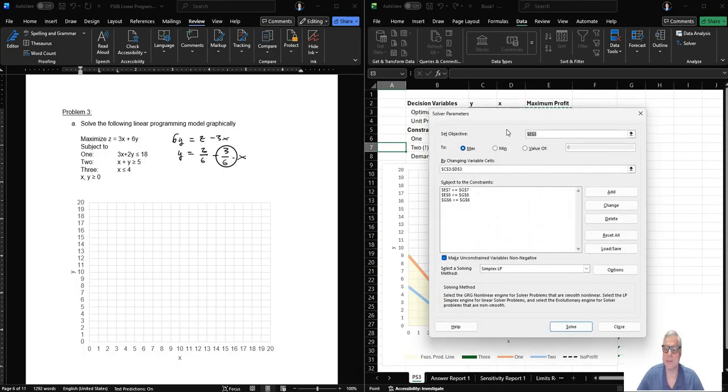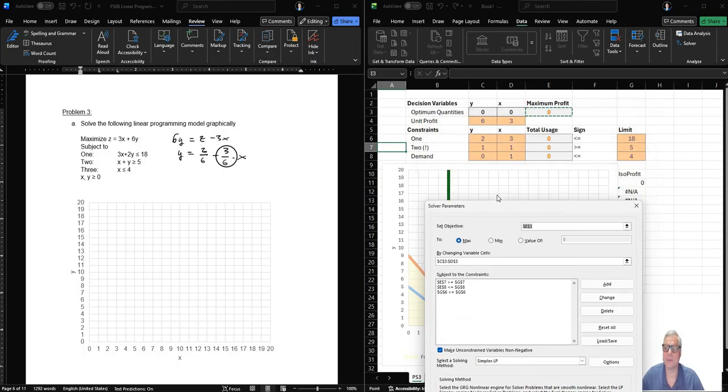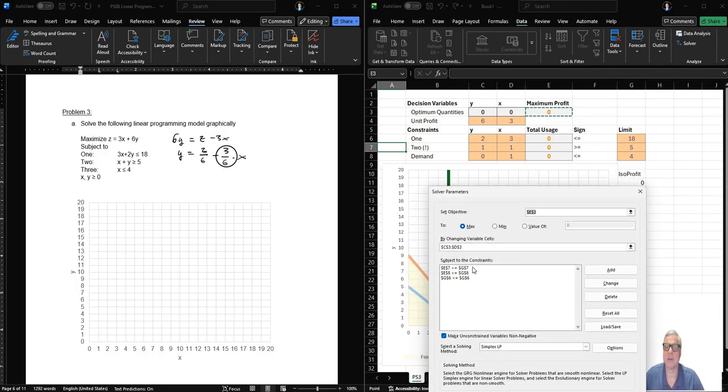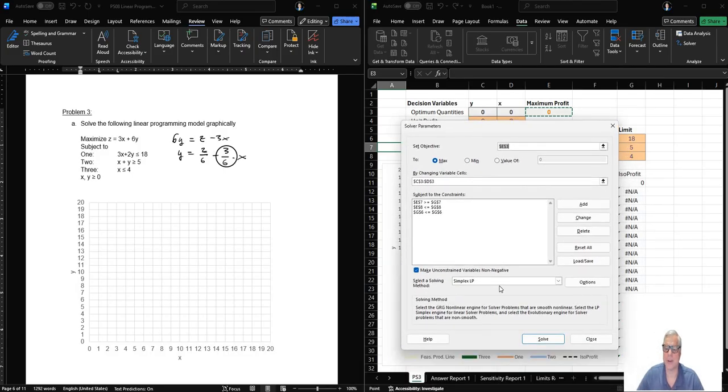And that's it. So now we have E7, G6. Okay, well, it looks correct. And so we use simplex and we solve, and now we should see here 9 and 0.